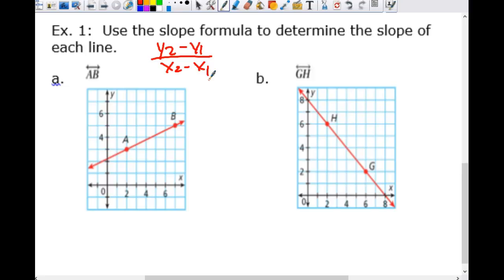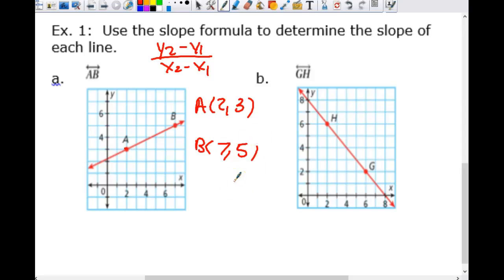Second step, you want to locate your points. We have a point at A, a point at B. A is at 2, 3. B is at 7, 5.